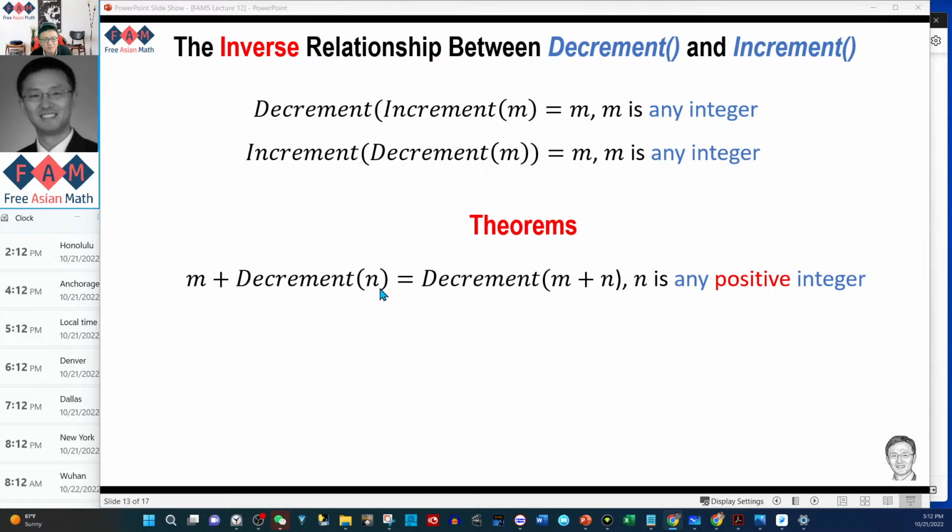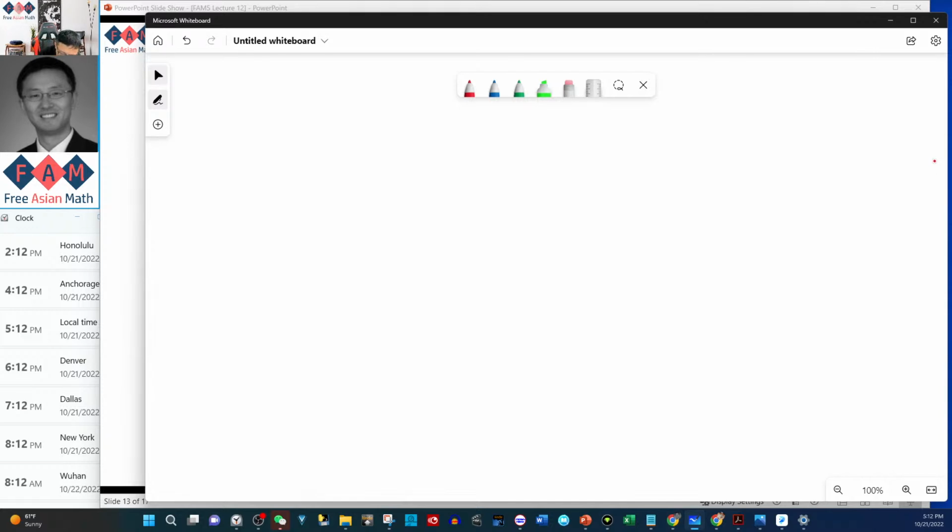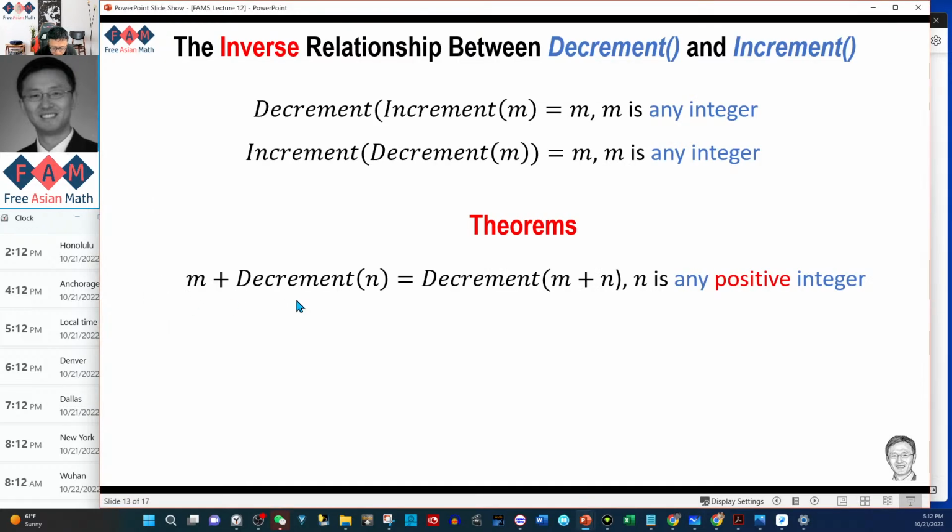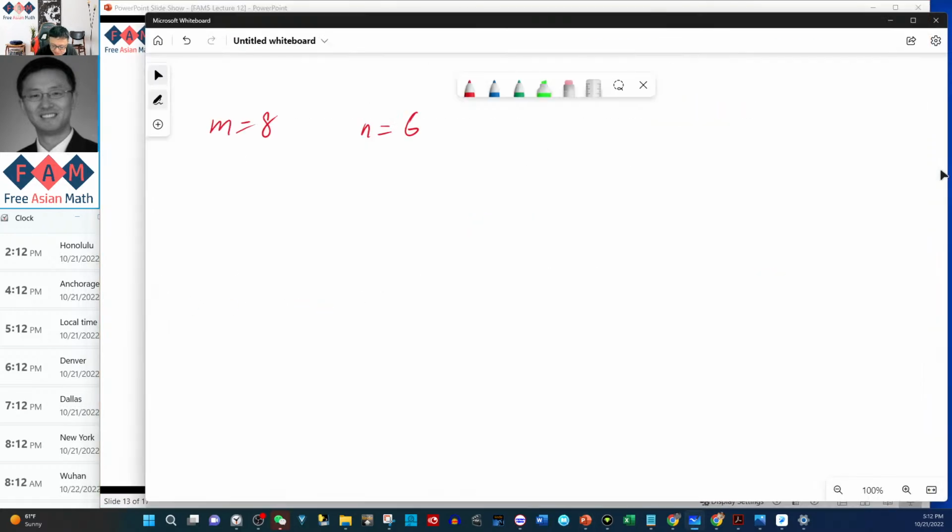Why is this true? Well, intuitively, this is very easy to understand, right? For example, let's just say 6 is the n here. Let's just say m equals 8. So if we do m plus decrement of n, we are doing 8 plus decrement of 6, and that is just 8 plus 5.